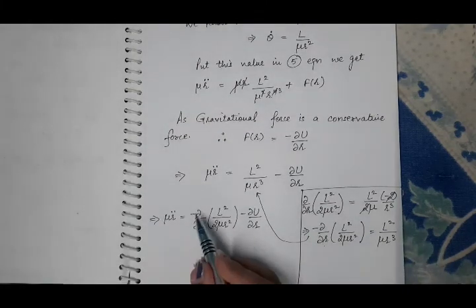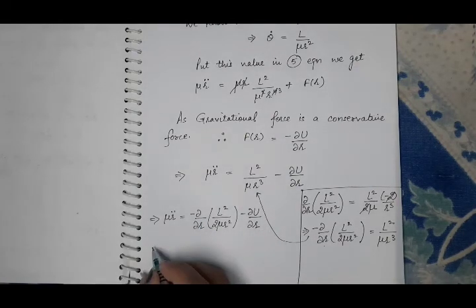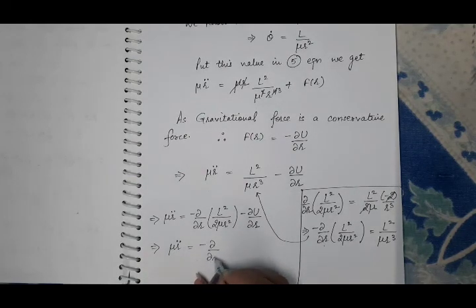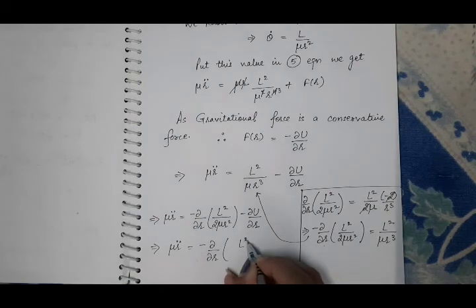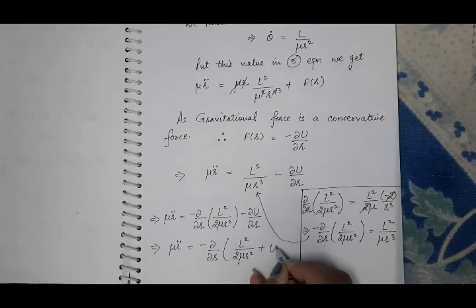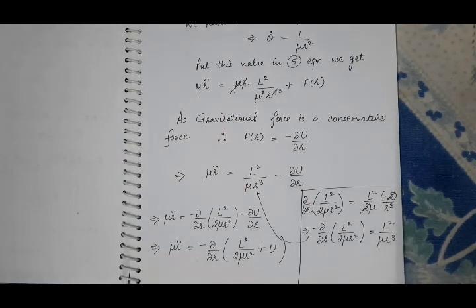Now take this minus and curly by curly r common from these two terms and we are left with mu r double dot equal to minus curly by curly r of L square by 2 mu r square plus U. So this is the mass of the reduced mass, this is the acceleration of the reduced mass.